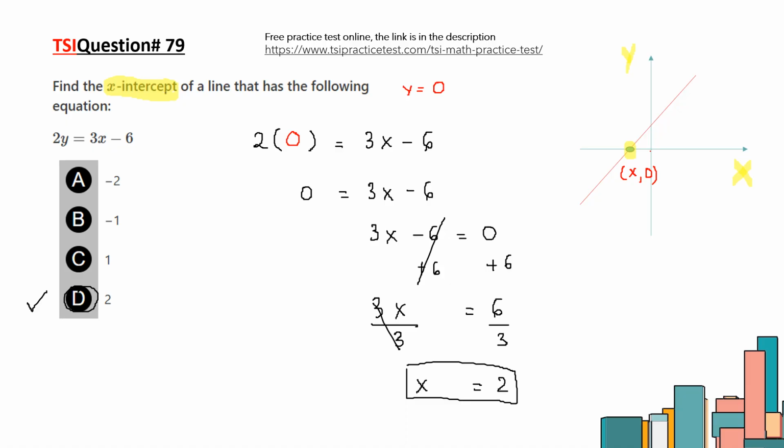A question: when I choose the 0 on the left side, I turn it to the right side. In this case, can I still keep it like that and solve without changing sides? Yeah, you can do the same thing. You add 6 to both sides, so you have 6 equals 3x because this one is gone.